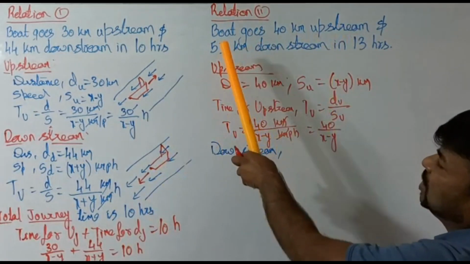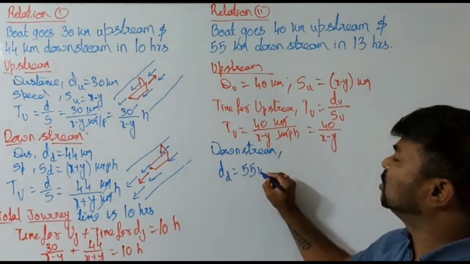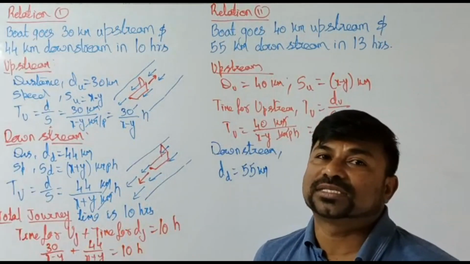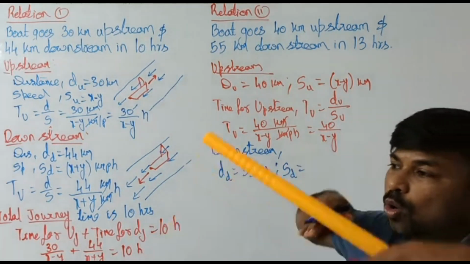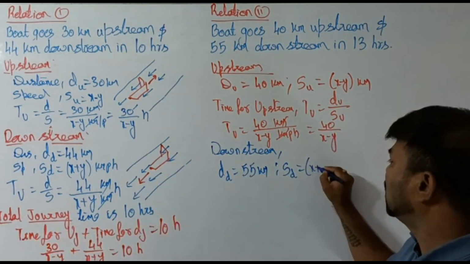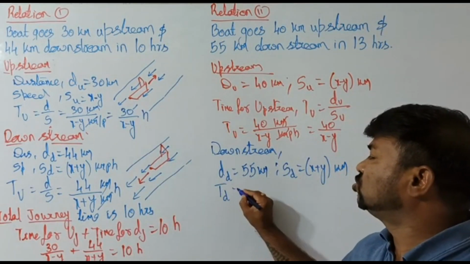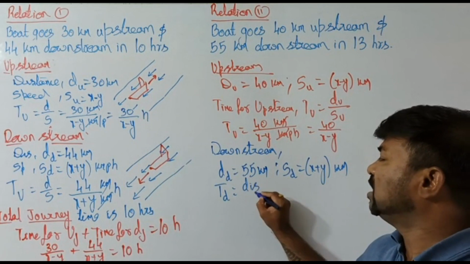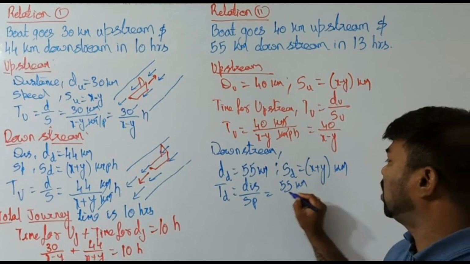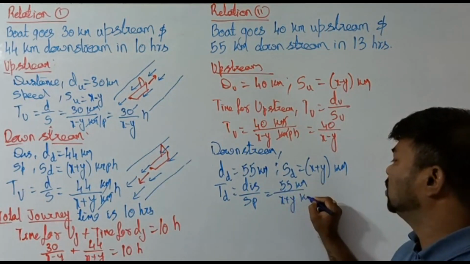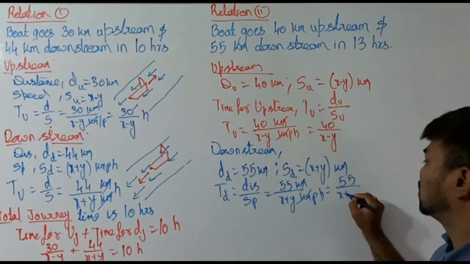The distance traveled downstream is 55 kilometers. The speed downstream, obviously we know, is x plus y kilometers per hour. The time downstream is distance by speed: 55 kilometers by x plus y kilometers per hour. Cancelling it out, it is 55 by x plus y.